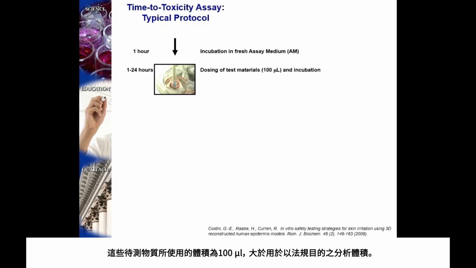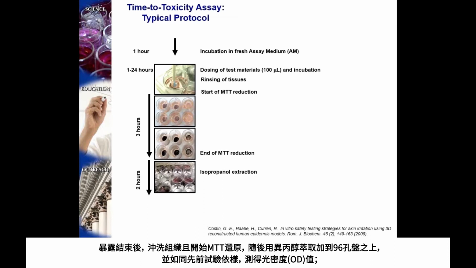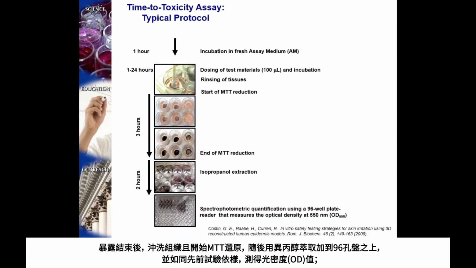The volume used for these materials is bigger than the volume used for regulatory assays. It is 100 microliters. At the end of the exposure, the tissues are rinsed and the MTT reduction starts. It's followed by the extraction, isopropanol plating onto a 96-well plate, and we generate optical density values as with previous assays.